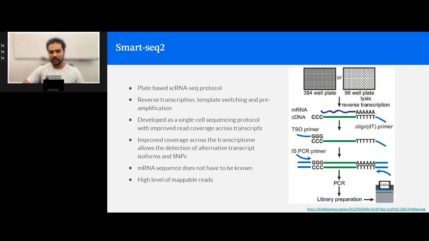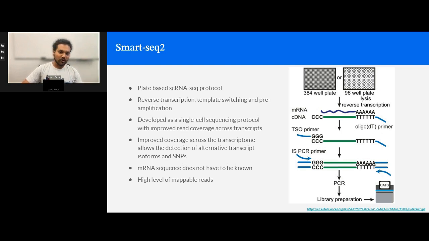After the reverse transcription, you add a TSO, which carries 2 riboguanosines and a modified guanosine. After the first strand reaction, the cDNA is then amplified using a limited number of cycles. The cDNA is then tagmented and further amplified and is used to construct the sequencing libraries quickly and efficiently.